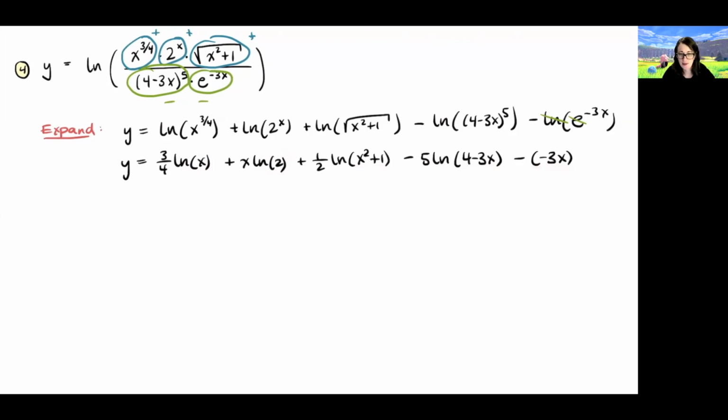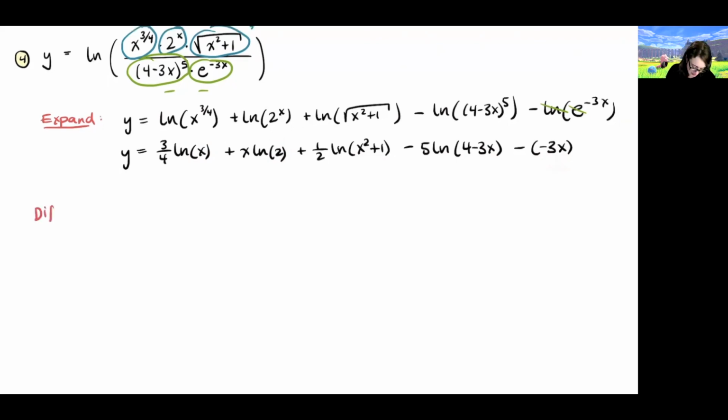So look, in 2 steps, we're in really good shape to find the derivative of this. So let's differentiate. Maybe instead of minus negative 3x, we'll just make that plus 3x.